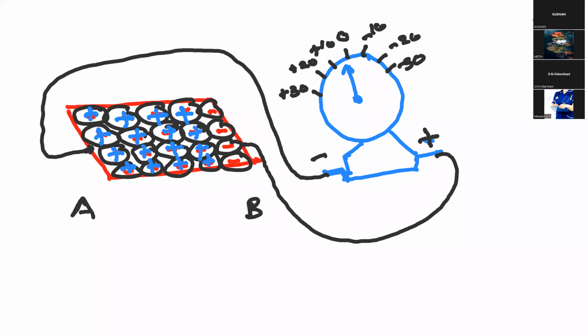There is a magnet force from A to B. Which kind of magnet force? Positive magnet force. Look at the picture. There is a positive magnet force coming towards the B end. B end meaning what?